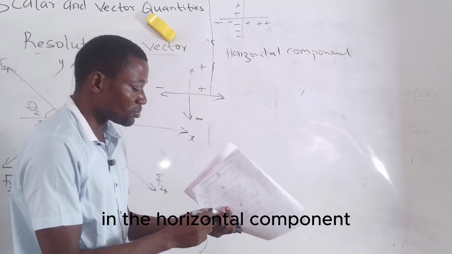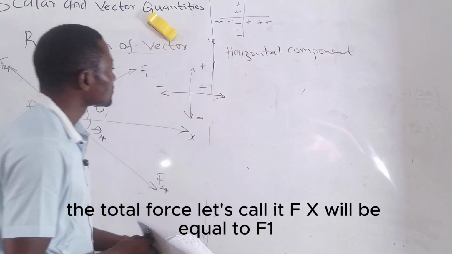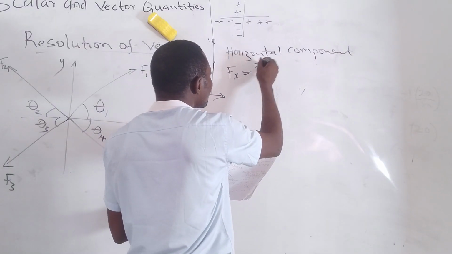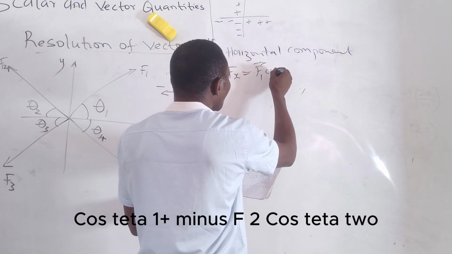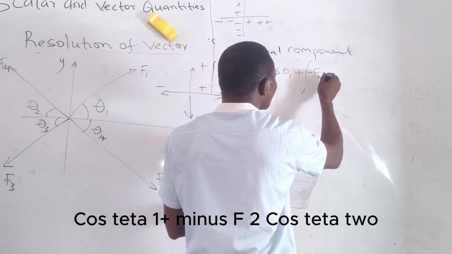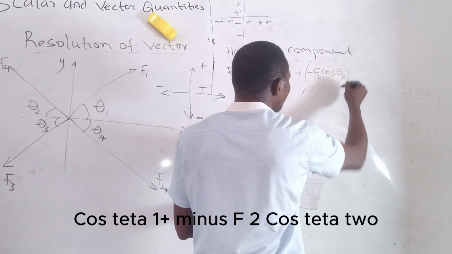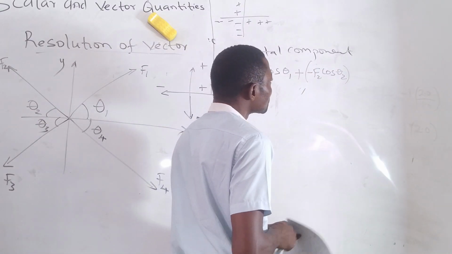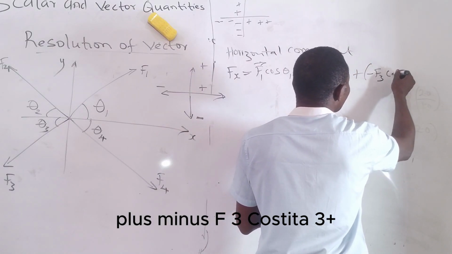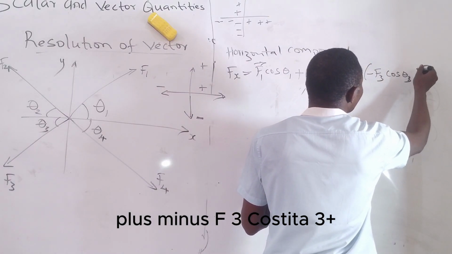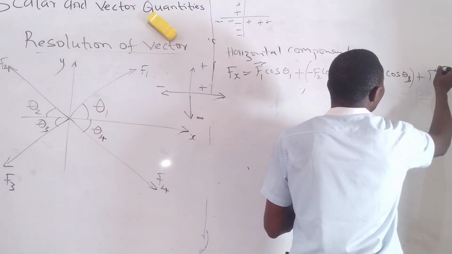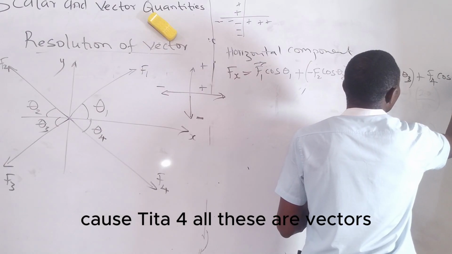In the horizontal component, the total force, let's call it Fx, will be equal to F1 cos theta 1 plus or minus F2 cos theta 2, plus or minus F3 cos theta 3, plus F4 cos theta 4.